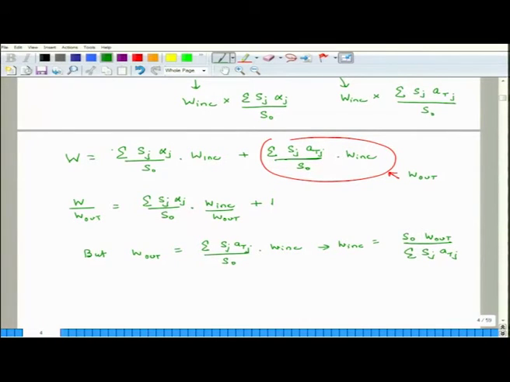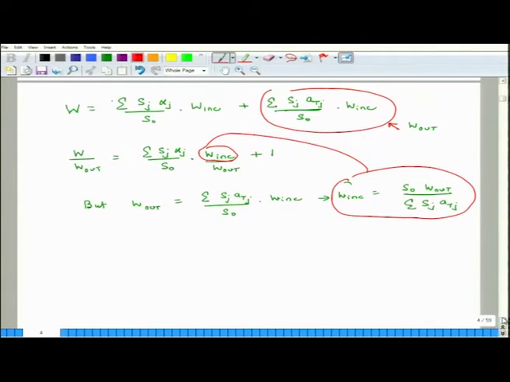So, what I will do is put this into this term. If I do this, essentially I get W by W out equals, so this S naught and this S naught will cancel out, and W out and W out will cancel each other.